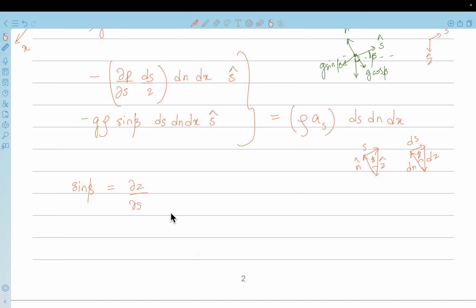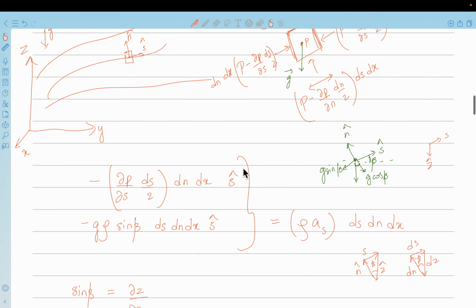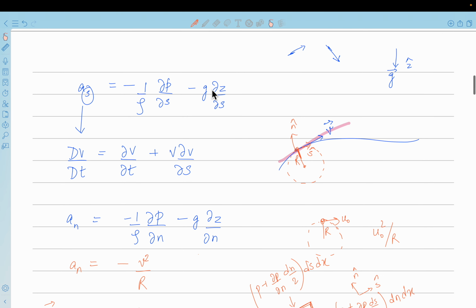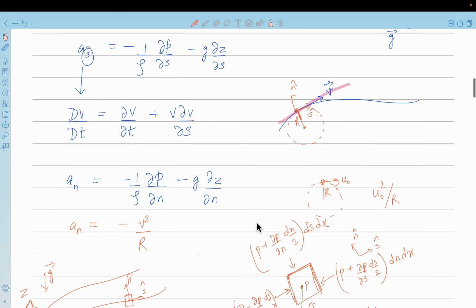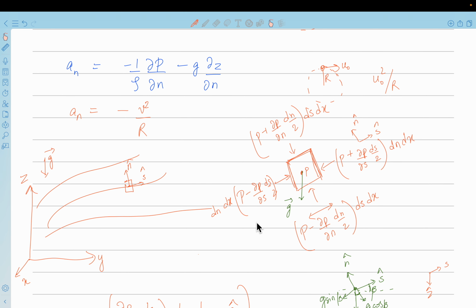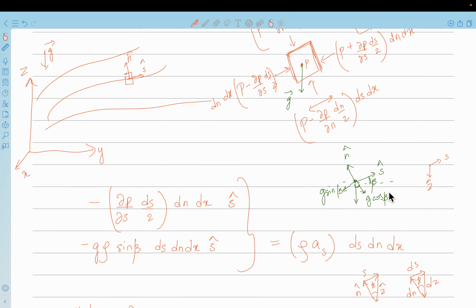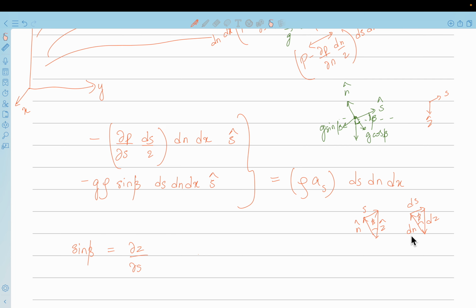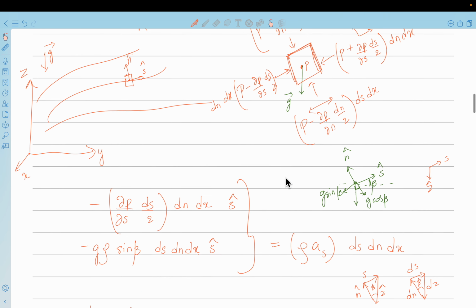Yeah. So now if you put sin beta into this, and then you divide by ds, dn, dx, you will recover this form that we just now wrote, dou z by dou s. And similarly, when you write the acceleration in the normal direction, you will get the g cos beta term. And this cos beta can now be written as dz by dn.